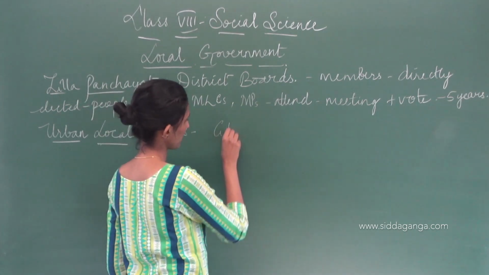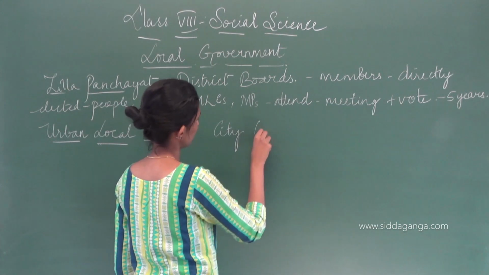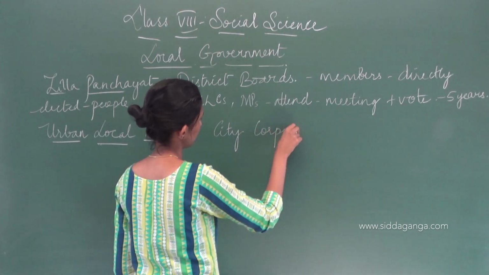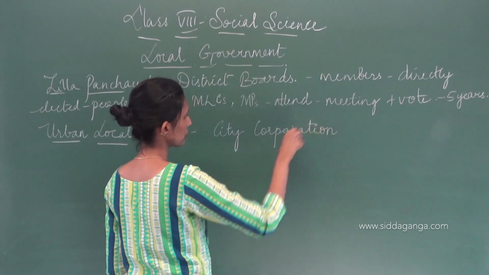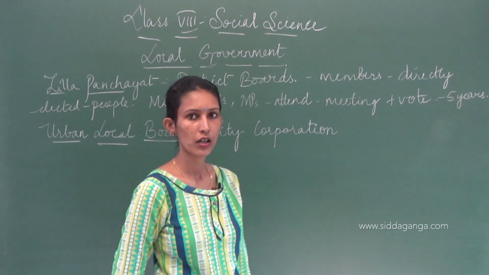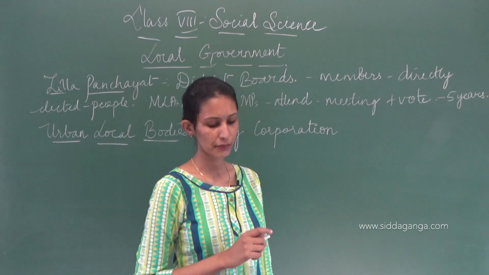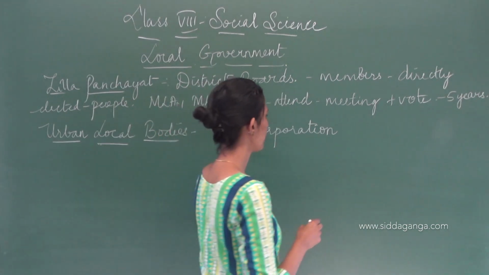So city corporation, that is the Mahanagara Palike. This is not there in all places, but where there are major cities, Mahanagara Palike is there.